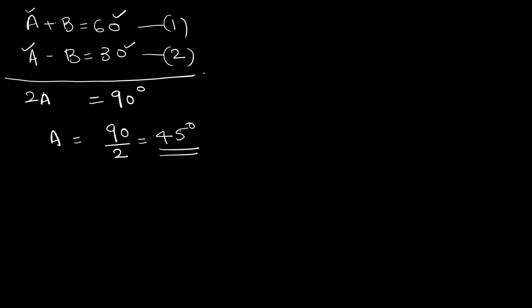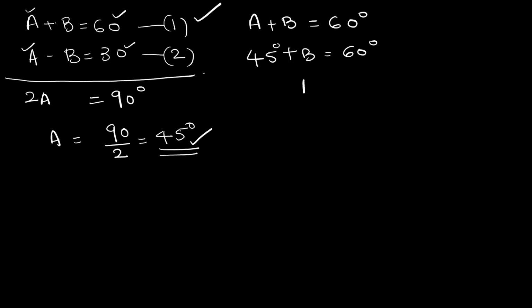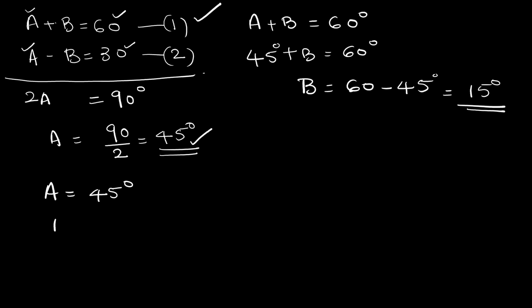Now we substitute A in the equation A plus B equal to 60. A is 45 degree, so B is equal to 60 minus 45, that is 15 degree. Now we got the answer as A equal to 45 degrees and B equal to 15 degrees. This is the final answer.